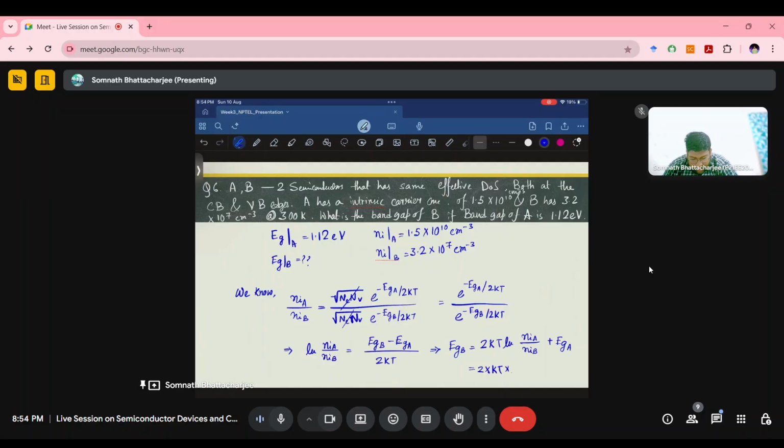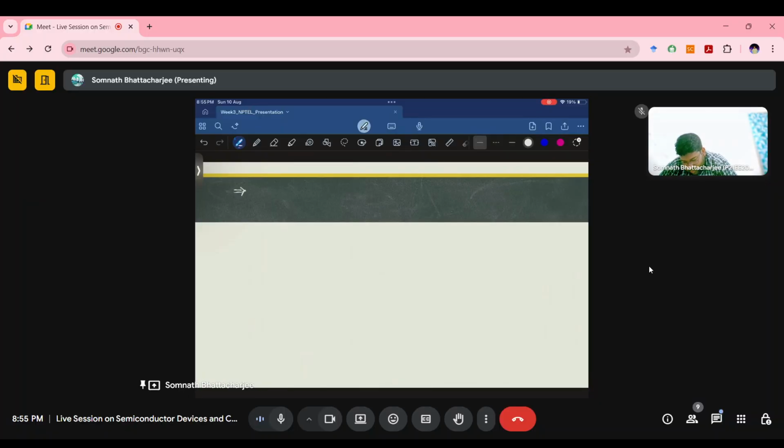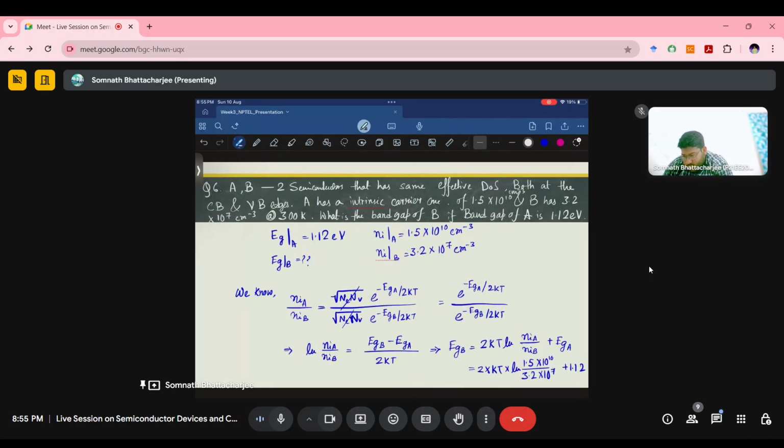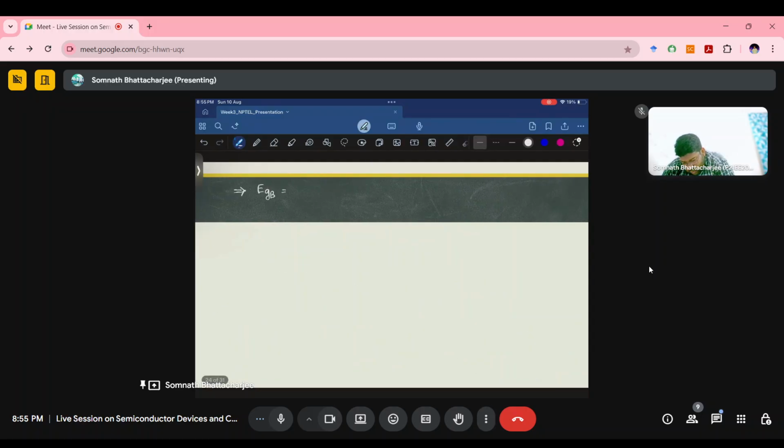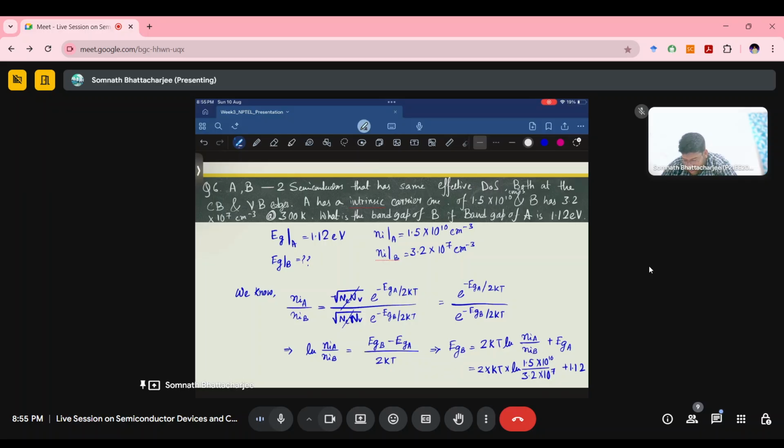So kT, and this is ln of Ni of A over Ni of B. Ni of A was 1.5 × 10^10 divided by 3.2 × 10^7, plus Eg of A, which was 1.12. So Eg of B is 2kT multiplied by ln of 1.5 divided by 3.2 × 10^3, which is 468.75.